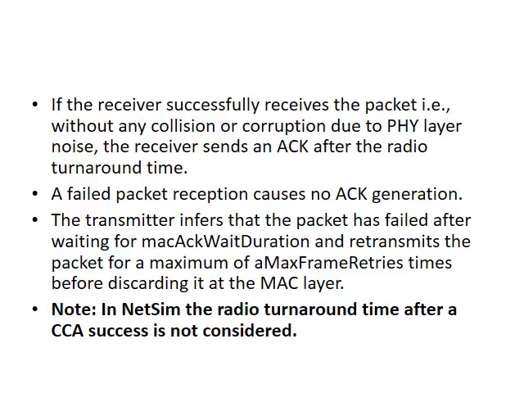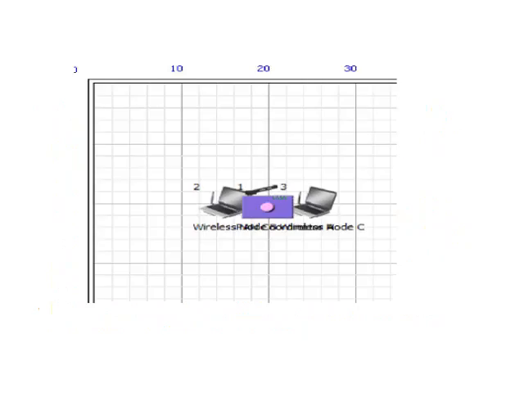The transmitter infers that the packet has failed after waiting for a certain duration called the macAckWaitDuration, and it only retransmits the packet for a maximum of macMaxFrameRetries before discarding it at the MAC layer, that is, after this it would discard it no matter what. However, we need to note that in NetSim the radio turnaround time after a CCA success is not considered.